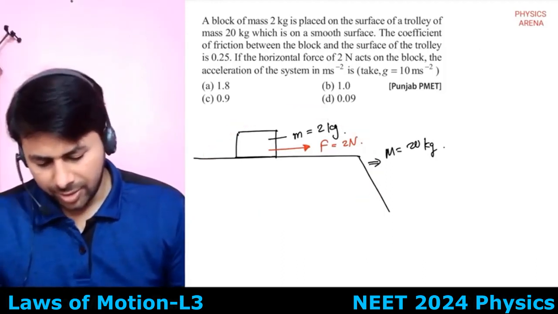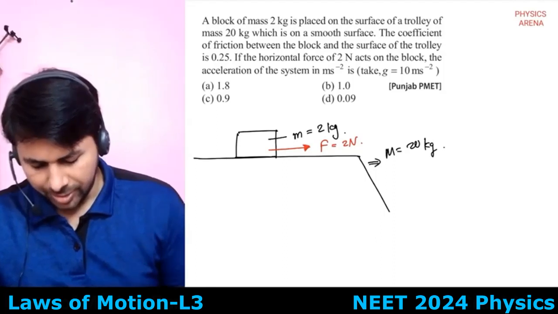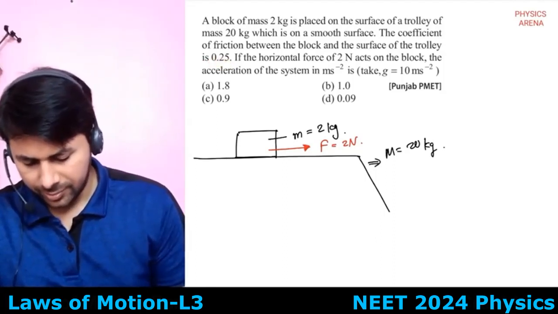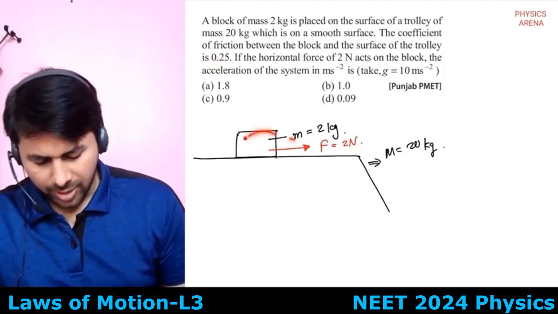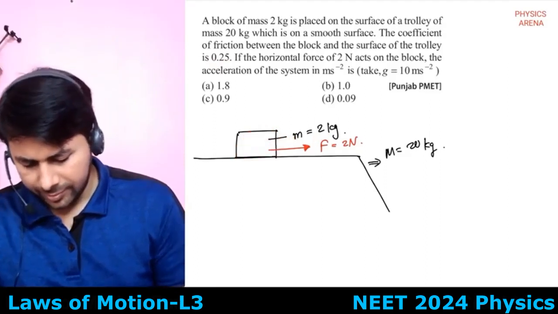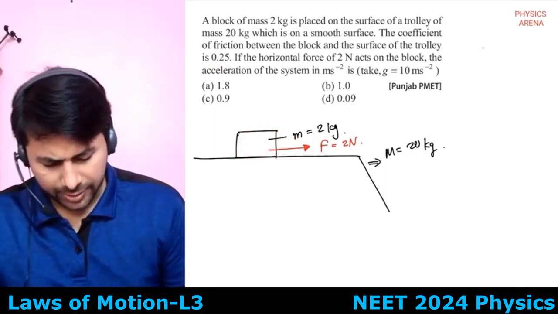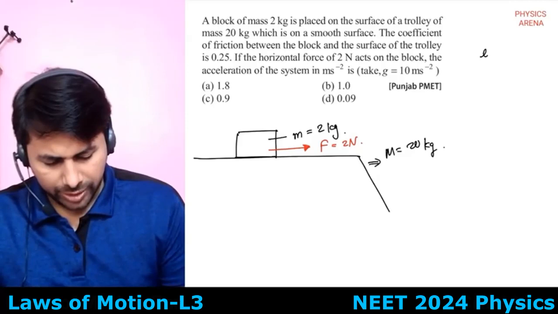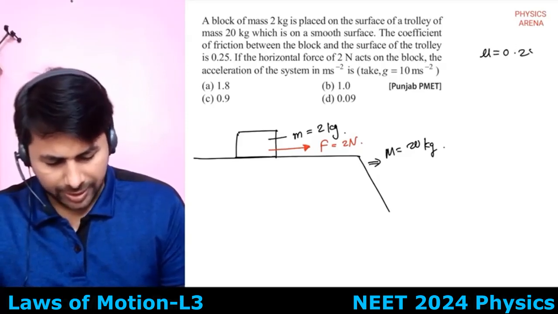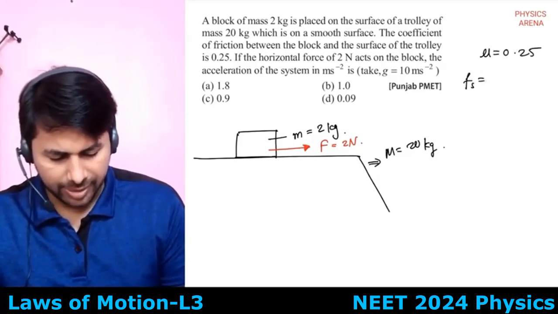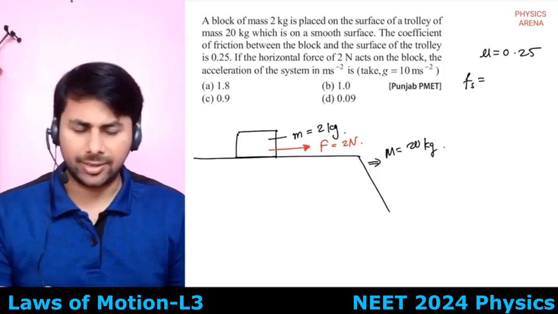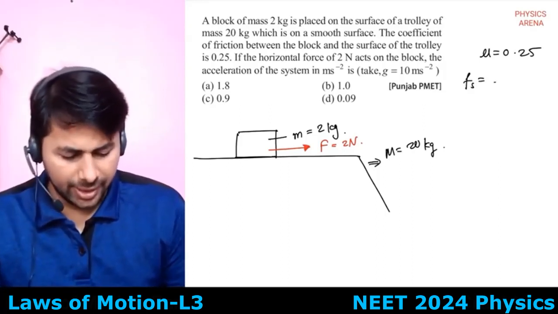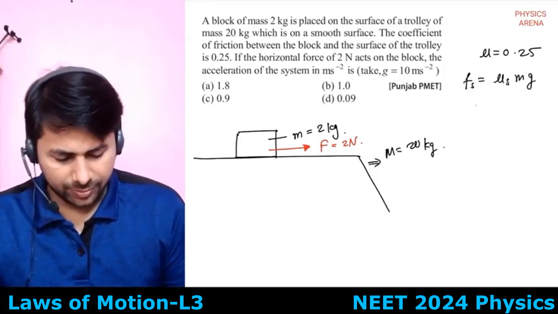Is the coefficient of friction given? Coefficient of friction is given. The mass of this block is 2 kg, so mu equals 0.25, and Fs will be equal to how much? The maximum value of Fs is mu s times m times g.